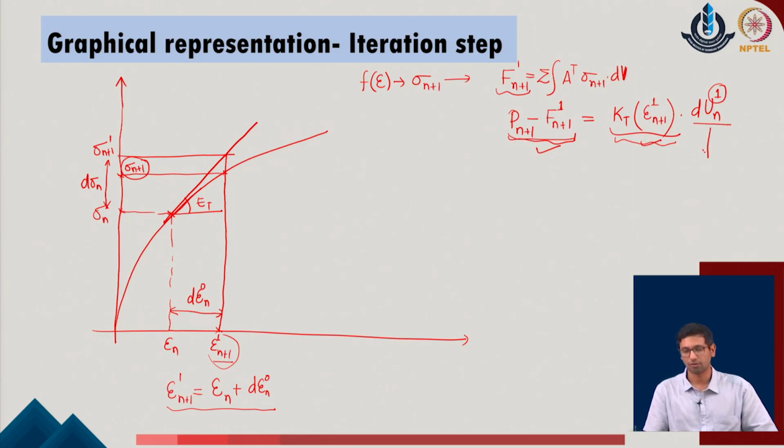So, the change in the nodal displacements can be obtained. So, if we define d of u n 1 in the given system, we can identify that. Once we obtain this value, we can calculate u of n plus 1, the updated value of the displacement at the nth node in the given system, and that will be defined as u of n, which corresponds to the previous node in the system.